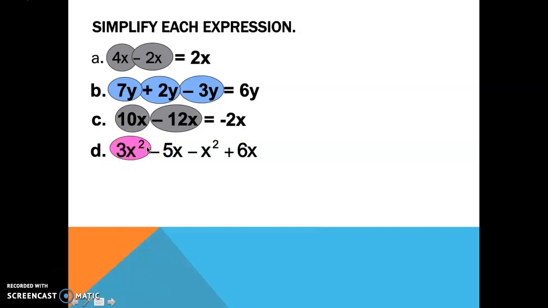Do I have any other x squared terms? Sure do. Negative x squared. Do I have any more? I do not. So now let's go to the x terms. Negative 5x and positive 6x. I had negative 5, I added 6, and that gave me 1.